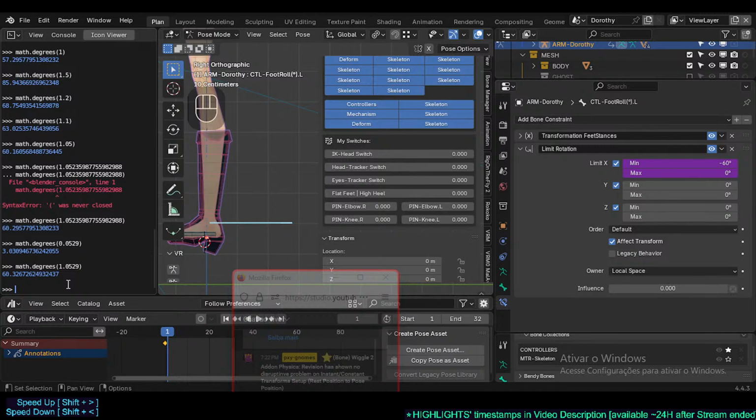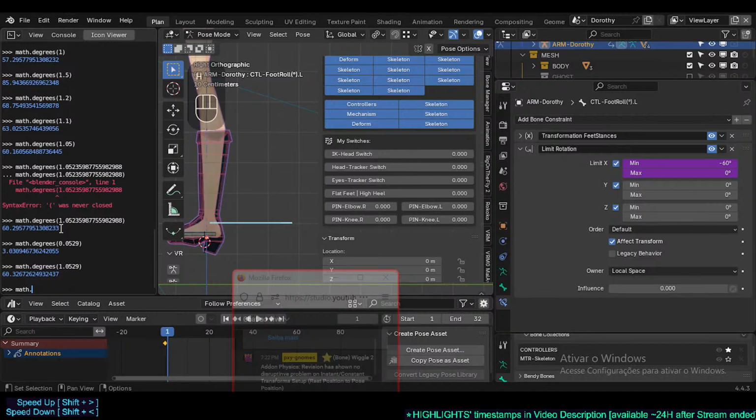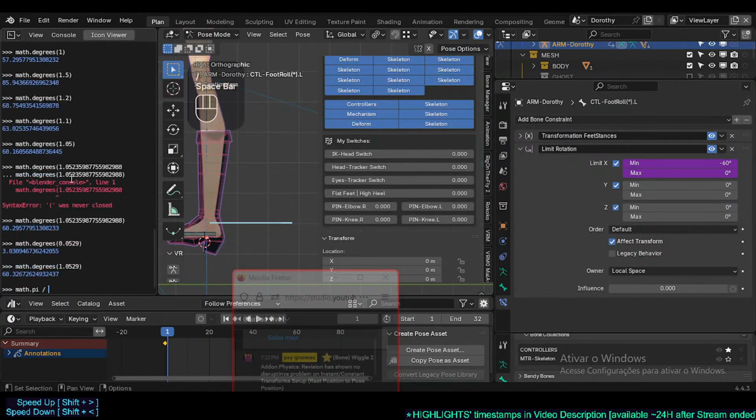And so math degrees, so I'm transforming degrees into radians, which, yeah, no, where's that other math.pi divided by degrees. Okay, so this is the math module that I've imported before.